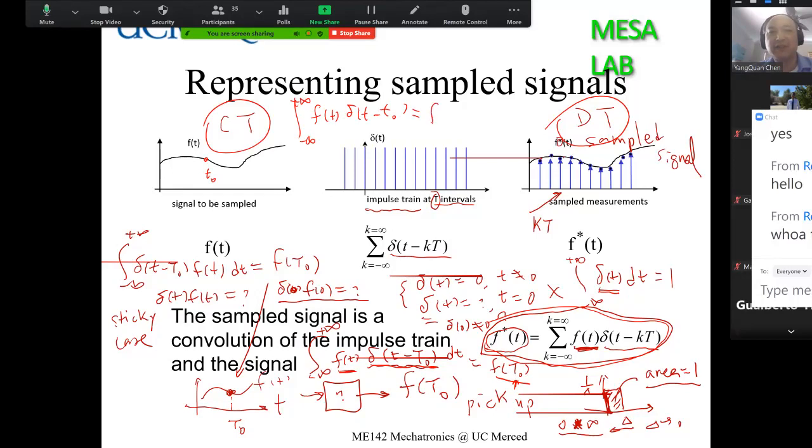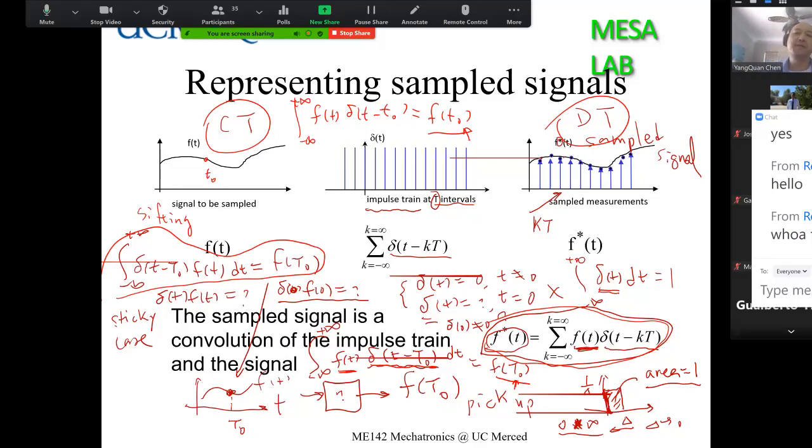This gives me f of t0. So given a curve f of t, I only have this one point left. I pick that specific point. This is called the shifting property.